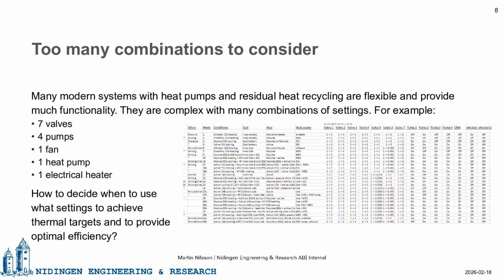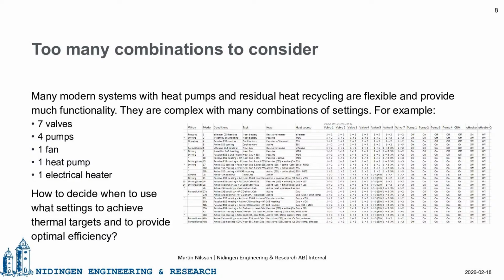So they have to do a lot of things. And as such, they contain a lot of stuff. For example, the system I'm just working on has 7 valves, 4 pumps, 1 electrical fan, 1 heat pump, 1 electrical heater, and the different combinations of settings for all these components, which are 14 in this example, there's so many. You see a small sample on the screen just to show you that this is a lot.